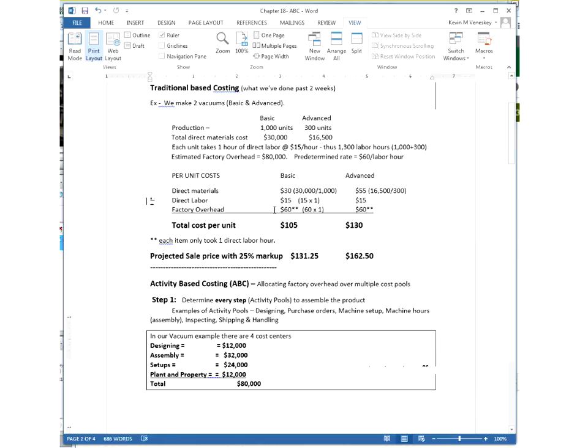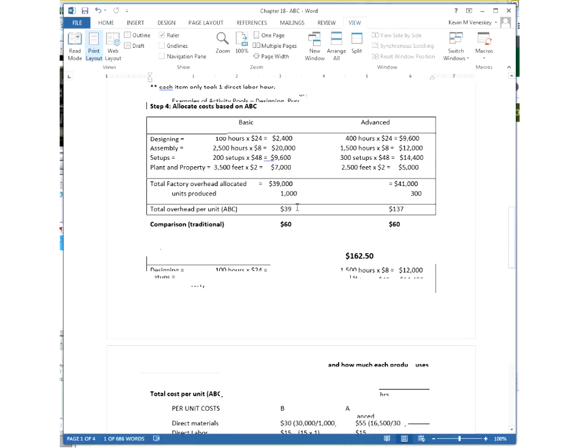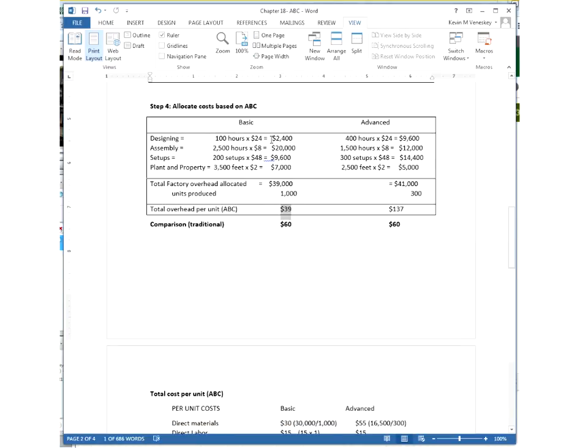Compared to the traditional way, where we based it on direct labor hours, we charged ourselves $60 for the basic, when really it only costs $39 if I allocate it on an activity basis instead of just one traditional way.